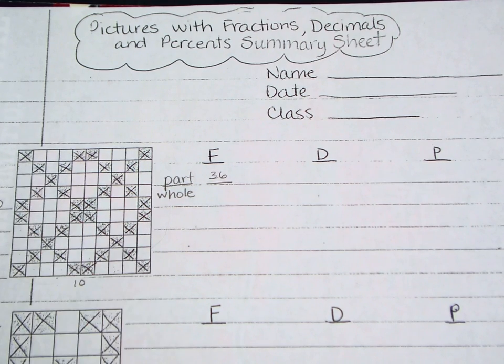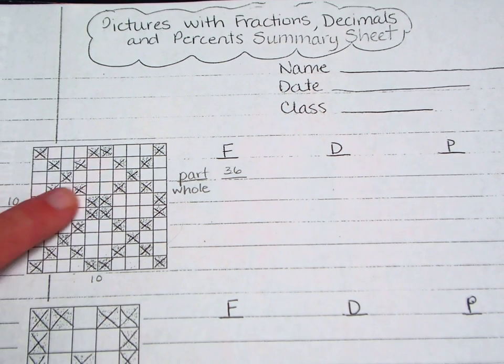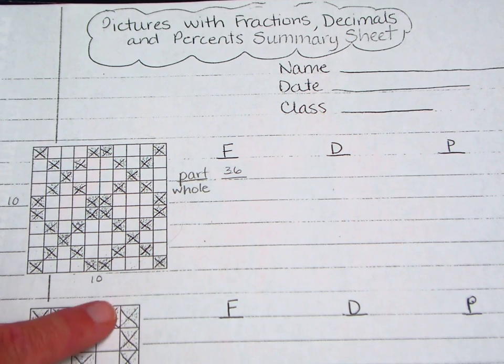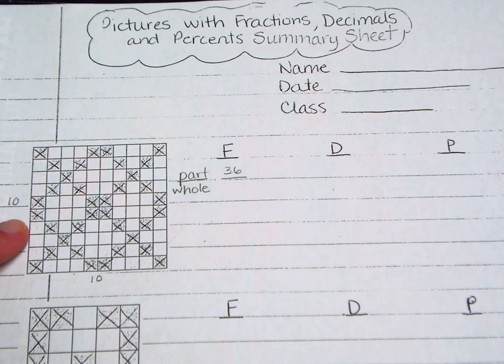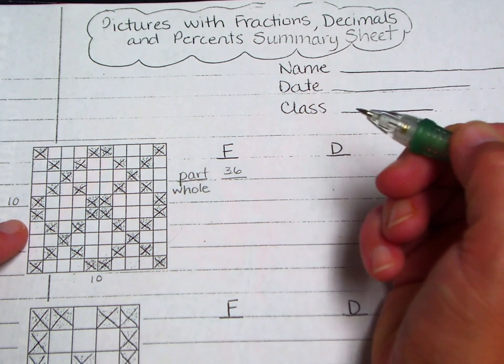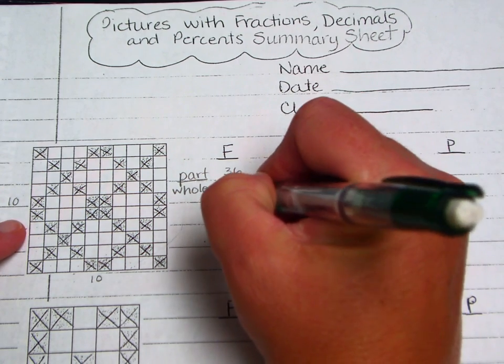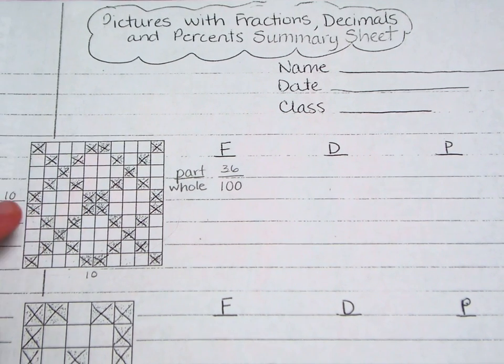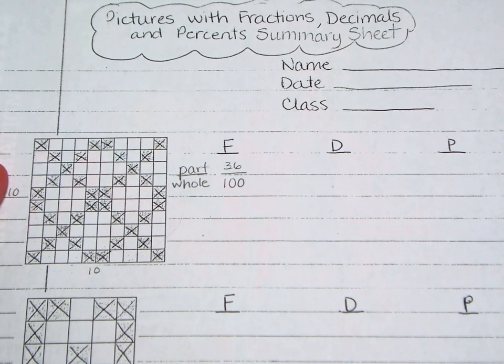If I know my side is 10 and my bottom is 10, then 10 times 10 will give me my entire amount in the picture. So 10 times 10 is, you got it, 100. So my fractional representation of this picture is 36 over 100.